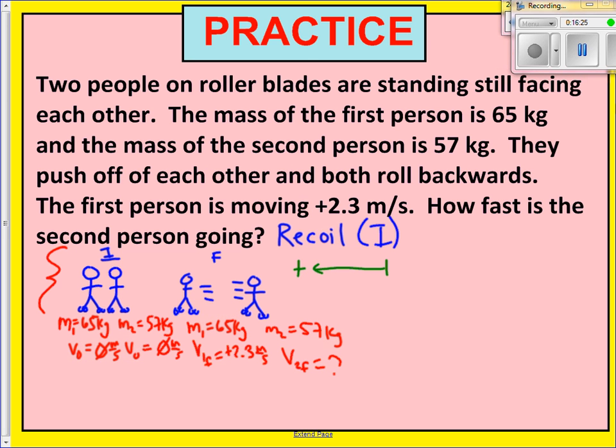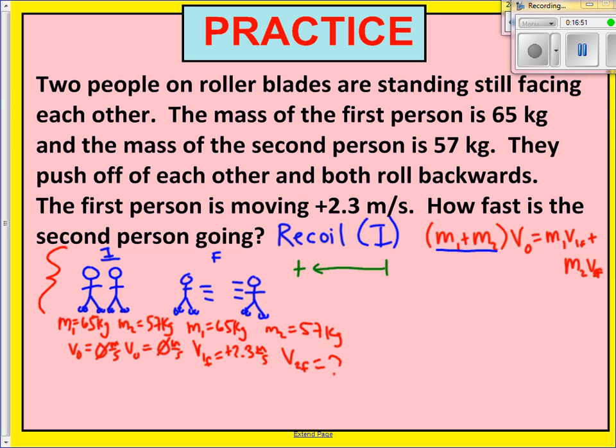Knowing that it's an inelastic collision and that specifically it's recoil, I'm going to use the equation where they are stuck together at the very beginning, and that's going to equal the mass of the first person and their final velocity plus the mass of the second person and their final velocity. Now, the nice thing about recoil is it doesn't matter what their combined mass is.